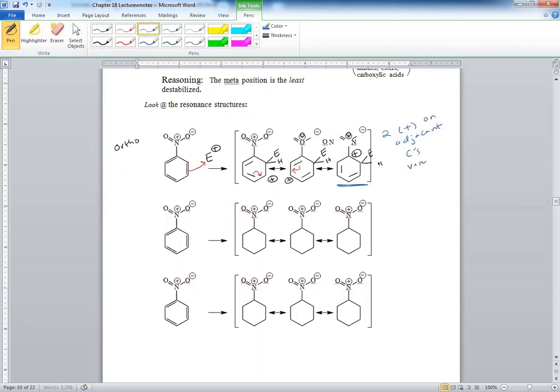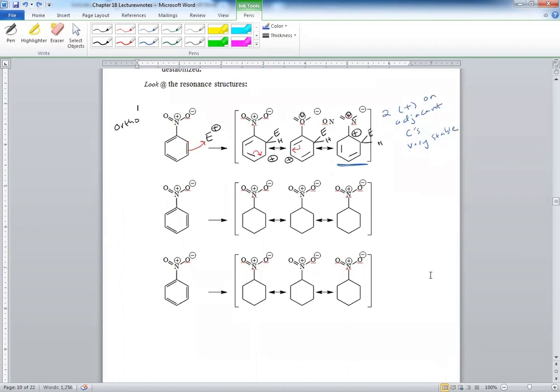This is very unstable. Positive charges repel each other, so that's going to simply destabilize the molecule. That's why this is very bad. So that's basically what happened: you have two positive charges adjacent.